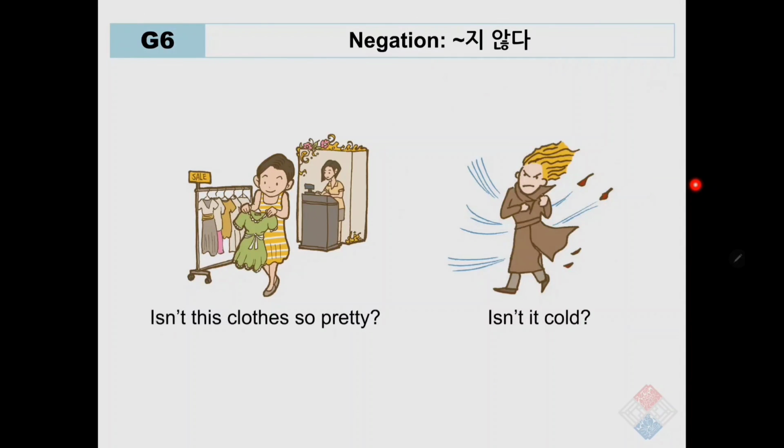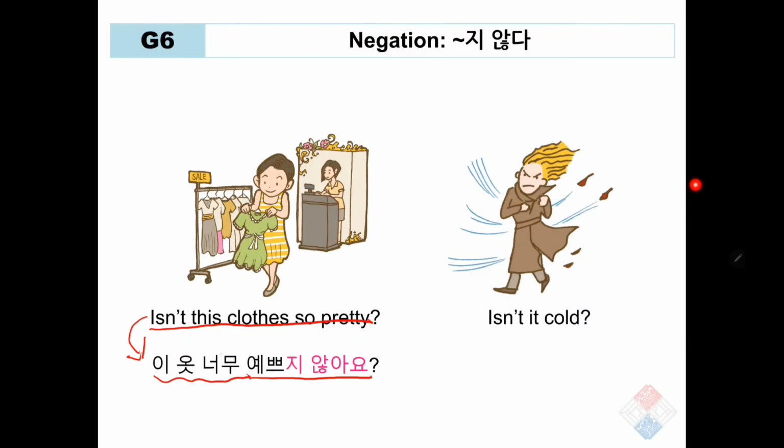Okay, isn't this clothes so pretty? How would you say this in Korean? 이 옷 너무 예쁘지 않아요? So you can just first think of it as 이 옷 예쁘다.